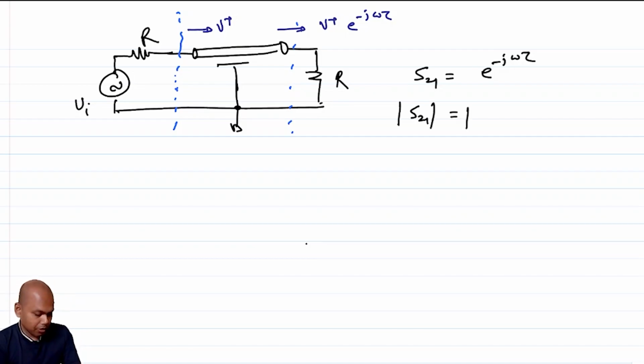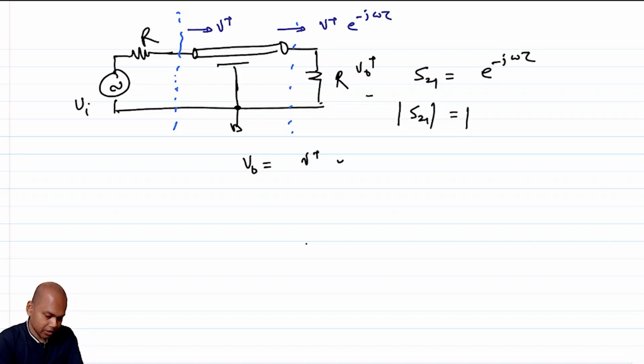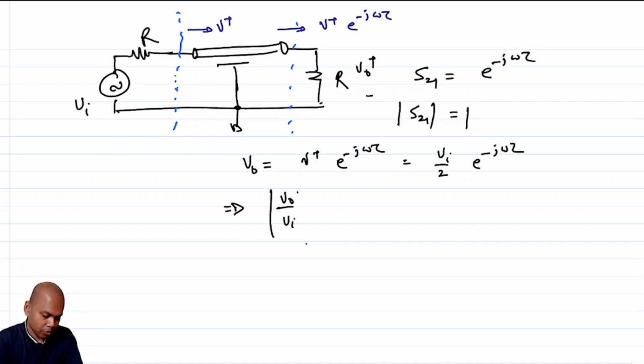Okay, but what is V naught over Vi? V naught is clearly V plus e power minus j omega tau, and what is V plus? This is Vi by 2 e power minus j omega tau, right? So what is V naught over Vi? Mod of that is equal to 1 by 2. Note that this is not the same as S21.